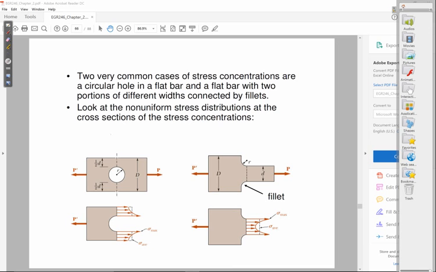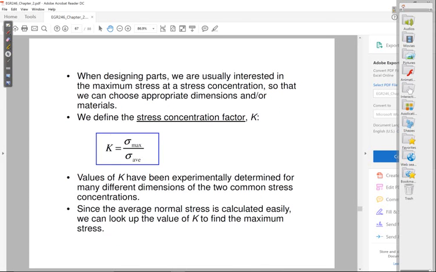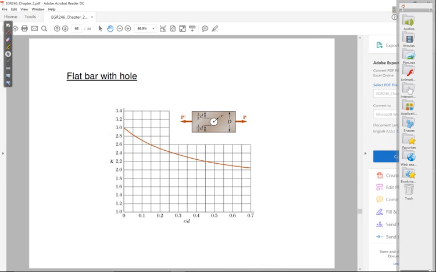So how do we deal with these stress concentrations? Okay. Again, there's no theory that is going to help you with this, so people had to perform a lot of experiments and collect a lot of experimental data. And what people have created, and you can find these in a lot of engineering handbooks, is you look up what is called a stress concentration factor.